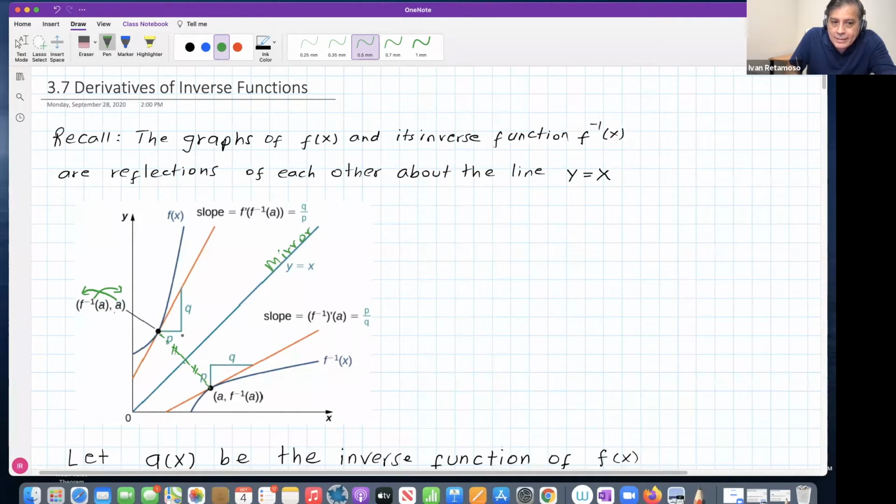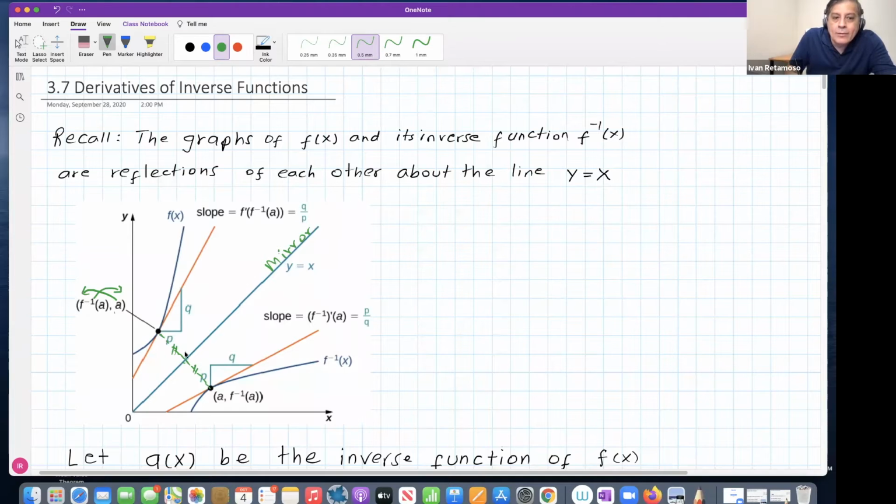Very good. Now, notice that if you attach a right triangle having as a base point this point on the tangent line, and you compute the slope of the tangent line as rise over run, notice this is the rise, this is the run, you get Q over P. Now, if you do the same on this tangent line, the reflection of the original tangent line, notice that the rise now is P, what was the run here, and the run is Q, what was the rise here.